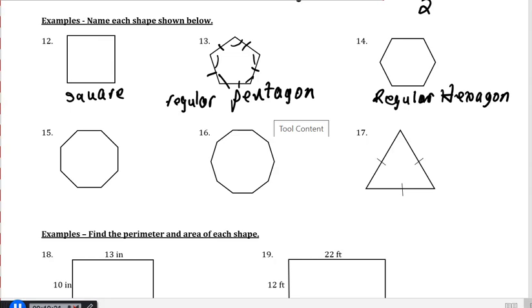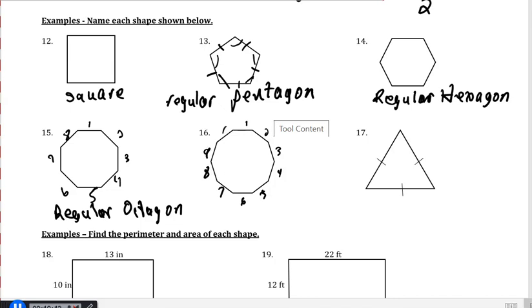All right, for 15, let's count them. 1, 2, 3, 4, 5, 6, 7, 8. So that is a regular octagon. 16, 1, 2, 3, 4, 5, 6, 7, 8, 9, 10. So that is a regular decagon.